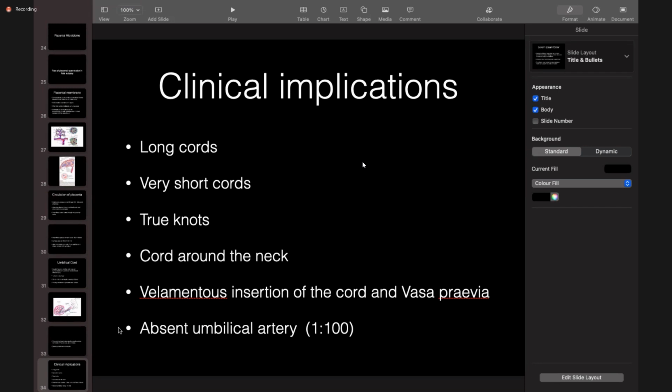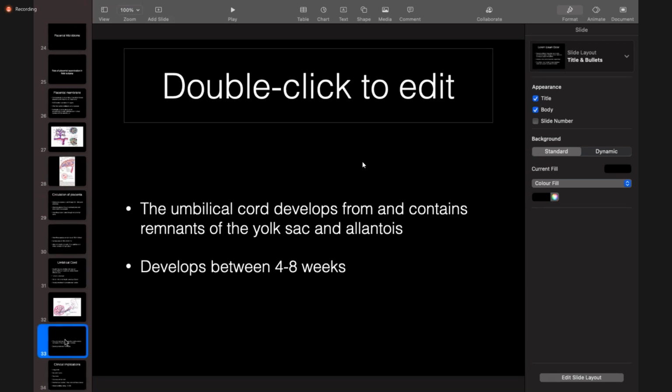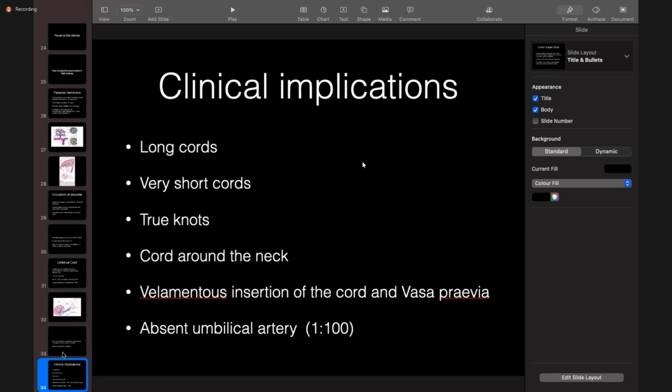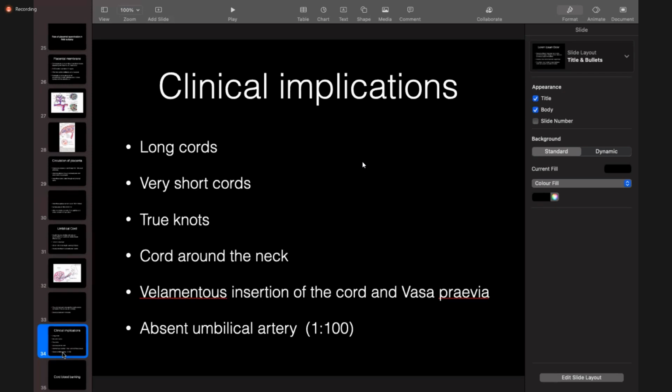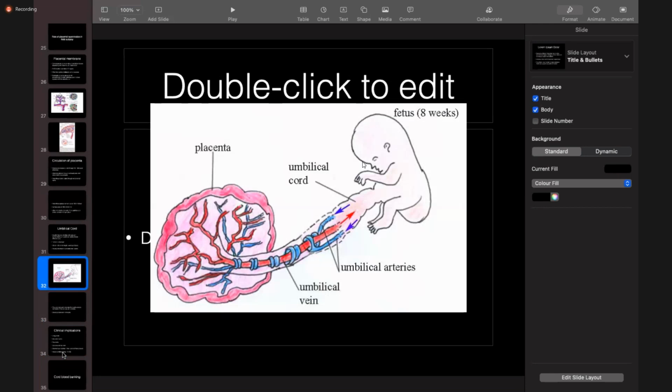You will understand, and when you go to clinical practice, you will come across more and more cases. Sometimes congenitally, an umbilical artery can be missing. When we do an anomaly scan around 20 weeks, there should be 2 umbilical arteries and 1 umbilical vein. In some patients, there is only 1 vein and 1 artery.